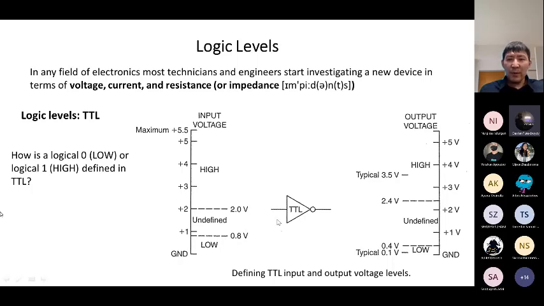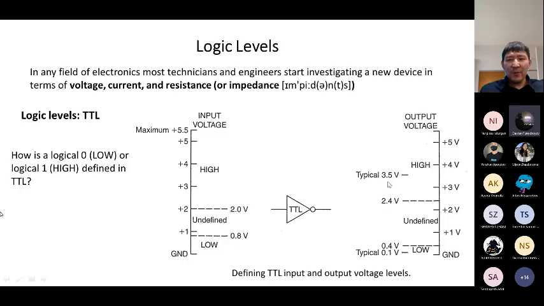But that is the input. If you look at the output, it's a little bit different. The low value is close to the ground level, 0, with a typical value of about 0.1 volt. The high output should be 5 volt, but it's not, because we lose some energy in the inverter.